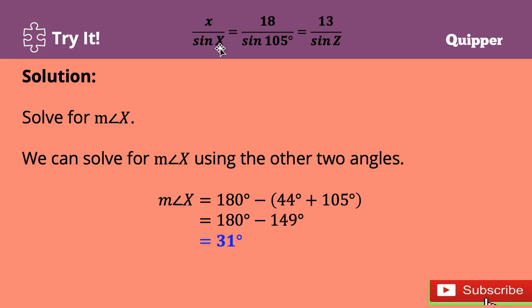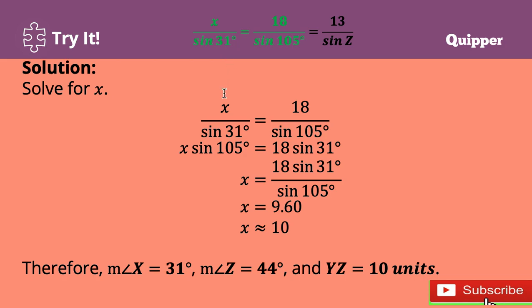So we can have now sine x, that is sine 31 degrees. Then solve for x using these two ratios. x over sine 31 degrees is equal to 18 over sine 105 degrees. Then applying the cross product property, we have x sine 105 degrees is equal to 18 sine 31 degrees.